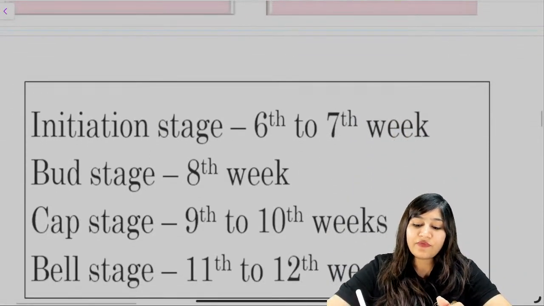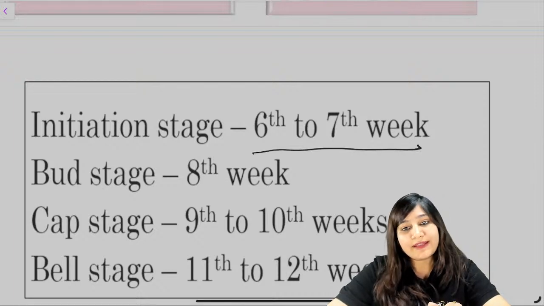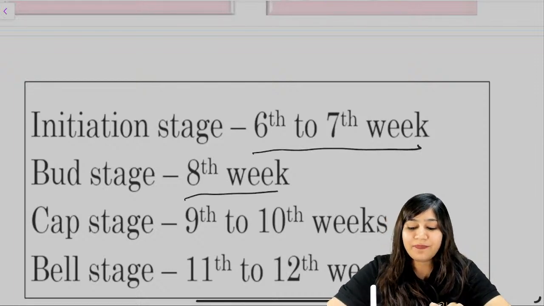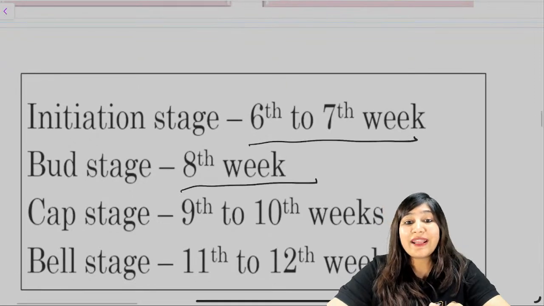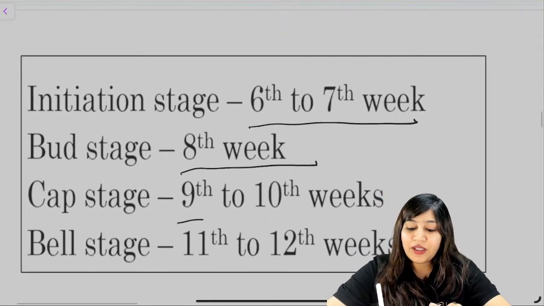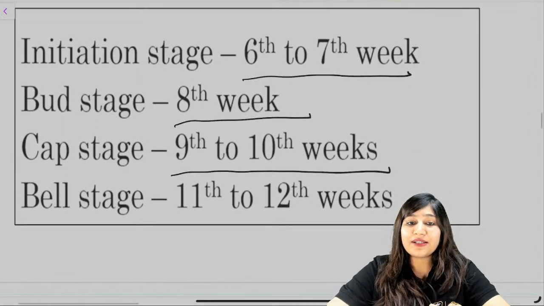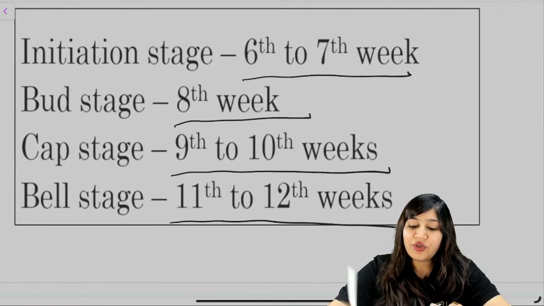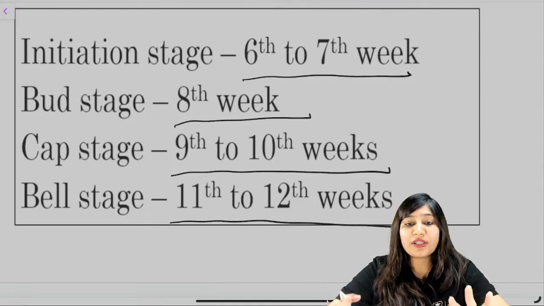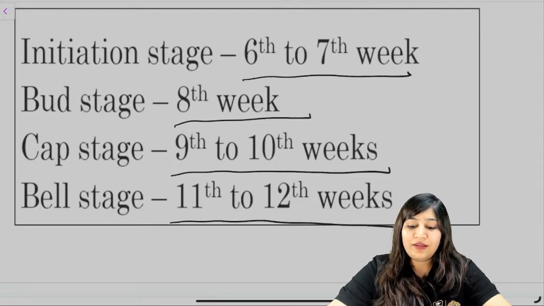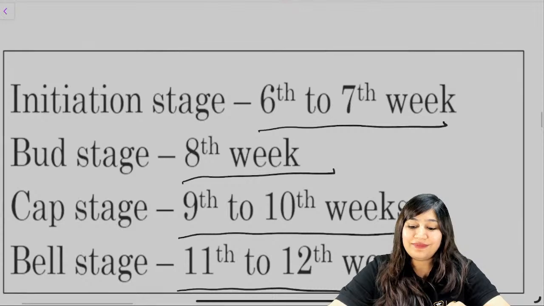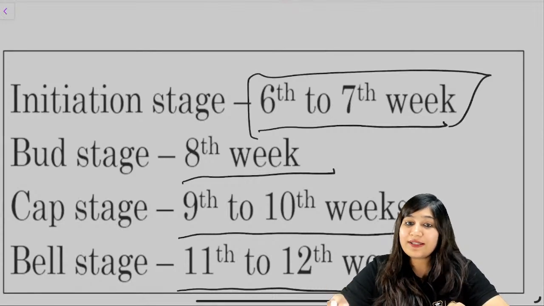Initiation stage is from 6th to 7th week, bud stage 8th week, cap stage 9th to 10th week and bell stage 11th to 12th week. So these are basic information about the stages.